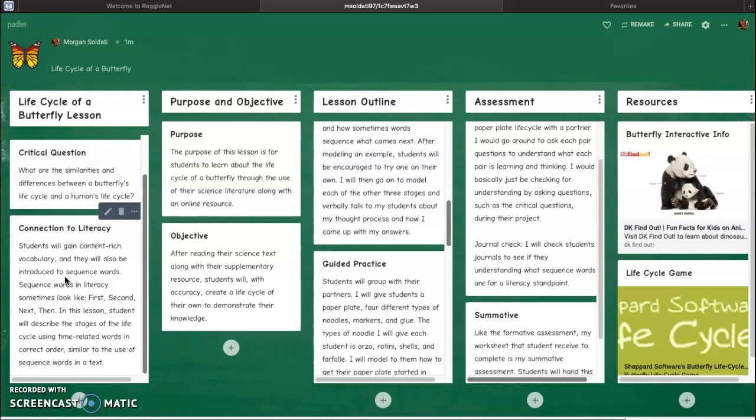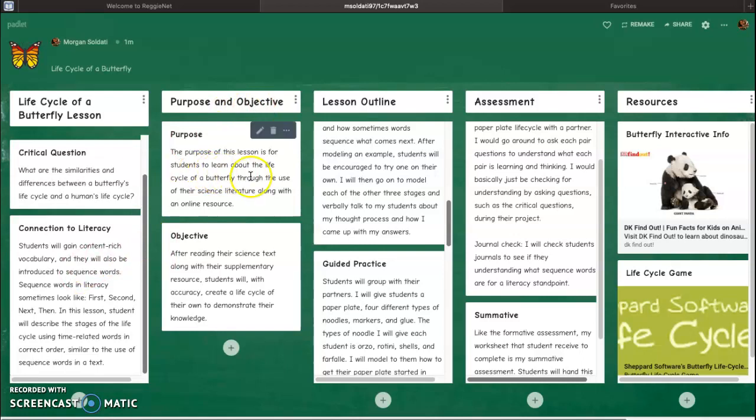So first I did this, then I did this, then my character did this. So I think they will learn that in science you also have time-related words. Like in the life cycle of a butterfly, it's first the egg, then the chrysalis, then this. So they're going to figure out that sequence words or time-related words help them develop their life cycle.